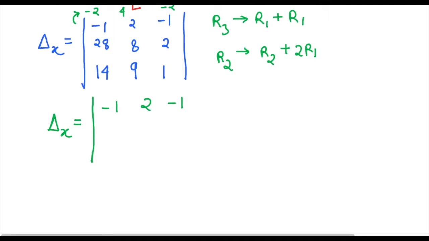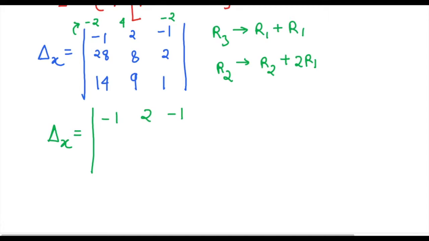So R2 plus twice of R1: 28 minus 2 is 26, 8 plus 4 is 12, and 2 minus 2 is 0. This is for R2. For R3 just add R1: 14 minus 1 is 13, 9 plus 2 is 11, and 1 minus 1 is 0.